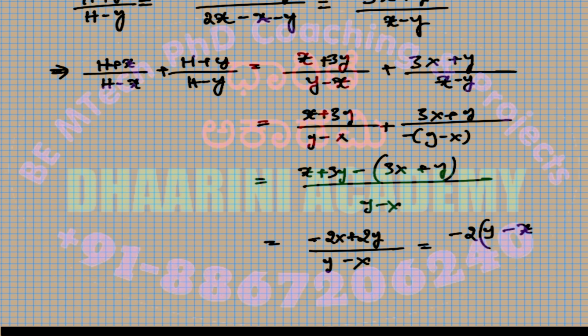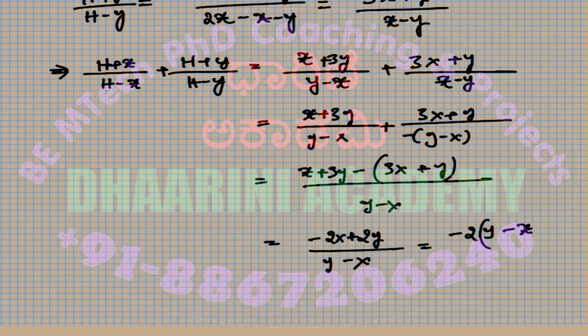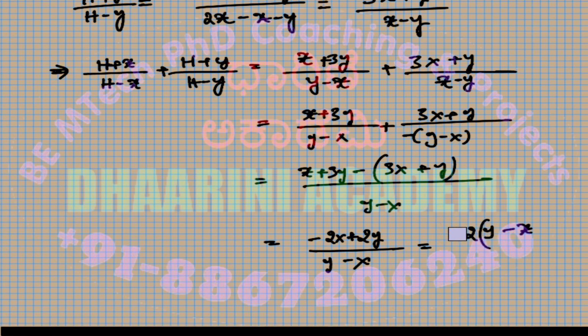If I take minus 2 outside, then, one second. Can you take y, okay, just take 2 outside, sorry. No need to take the minus 2. Simply take 2 outside.